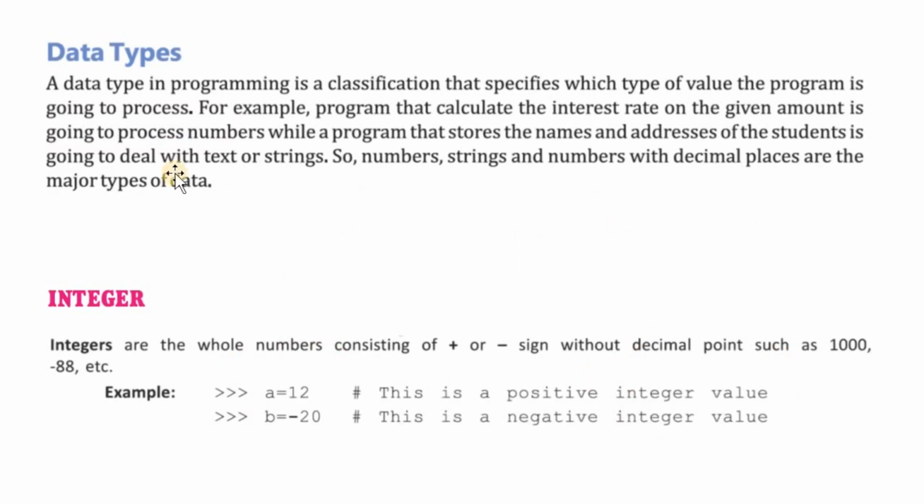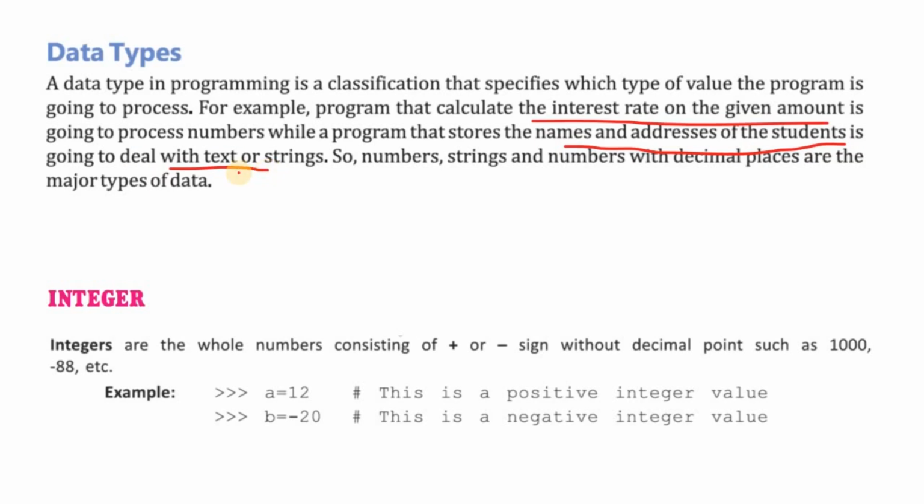Next, data types. A data type in programming is a classification that specifies which type of value the program is going to process. For example, a program that calculates the interest rate on a given amount is going to process numbers, while a program that stores the names and addresses of students is going to deal with text or strings.